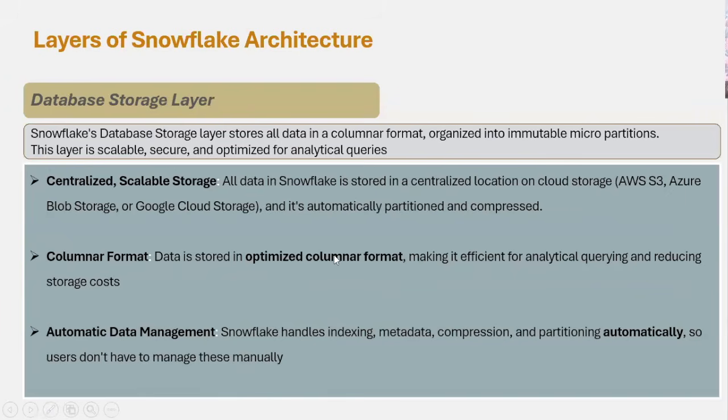Now, as I said, the database storage layer. It's stored in a centralized location and it's automatically partitioned and compressed, in an optimized columnar format. Now, Snowflake also takes care of clustering, or you can say automatic data management. Whenever you have a table which has, let's say, terabytes of data, or more than 300, 400 gigs of data, Snowflake will automatically take care of automatic clustering on that table.